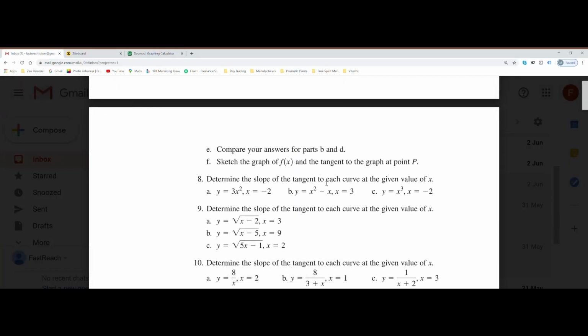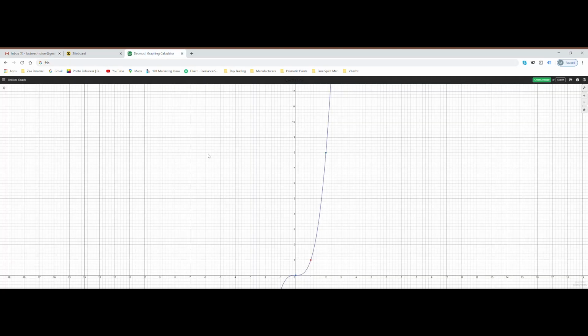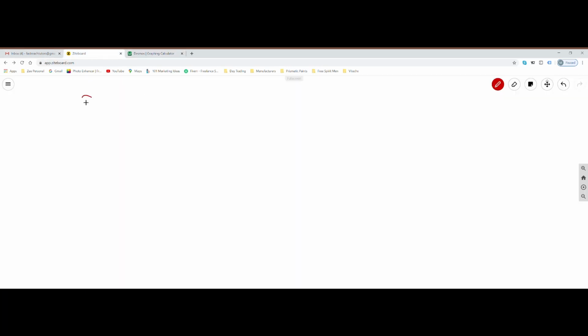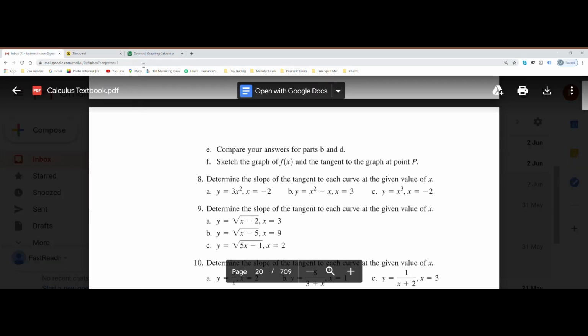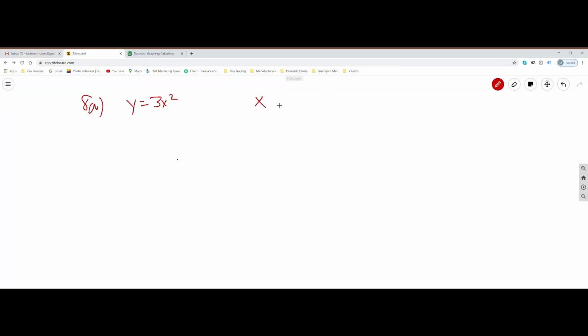Okay, so let's go here. Determine the slope of the tangent to the curve, so 8a. y equals 3x squared, and you have the point x equals -2.